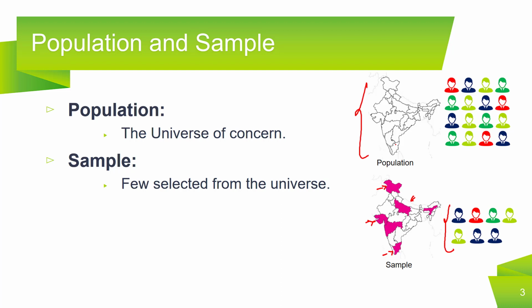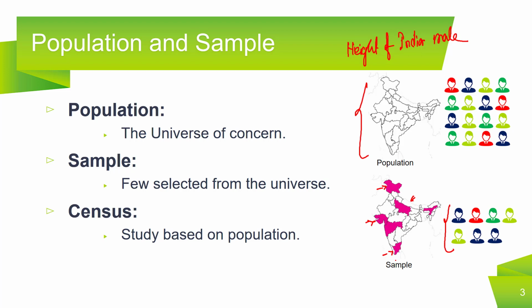Suppose we are interested in the height of Indian male, right? So for that we will have to consider every male living in this country, right? So that will be our population, every man living in this country. Then we randomly select few states, and from those states we randomly select few people. So these few people will be called the sample, right? So that is the definition of population and sample.